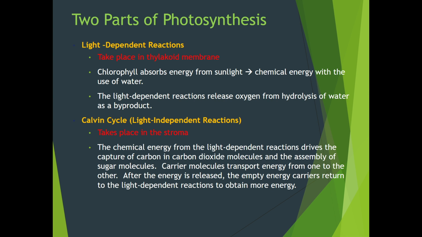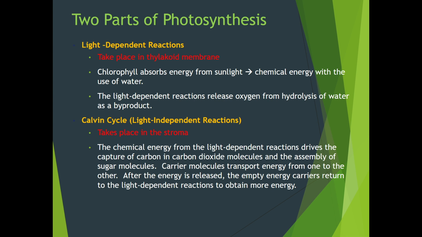The light-dependent reactions occur in the thylakoid membrane, so the individual membranes of those thylakoids or those discs. That's because in the thylakoid membrane there is chlorophyll, so that's the location where light is absorbed. So chlorophyll absorbs energy from sunlight and that then gets converted into chemical energy with the use of water.